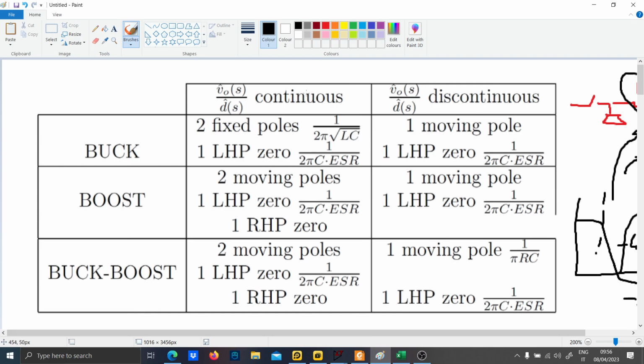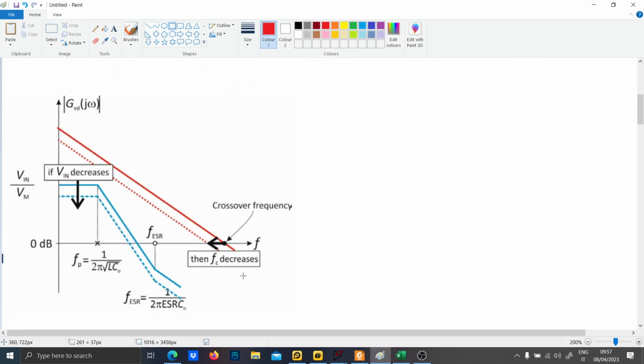I will skip the demonstration because it is really longer than you think. It is reasonable to say that it has two fixed poles and one zero owing to the ESR. So you should expect, as I said before, something like this.